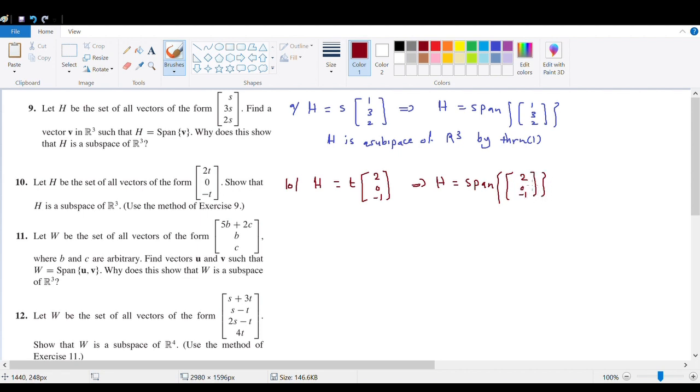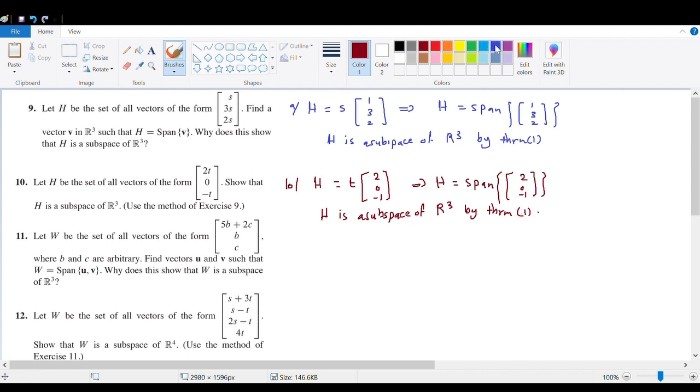So by theorem 1, H is a subspace of R3 because we can represent it as a span.